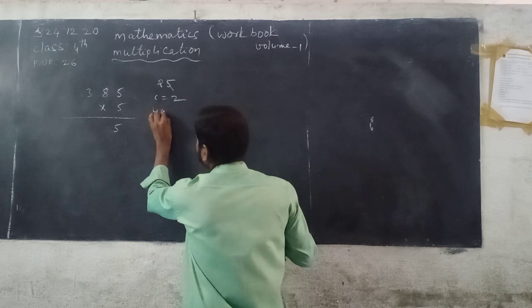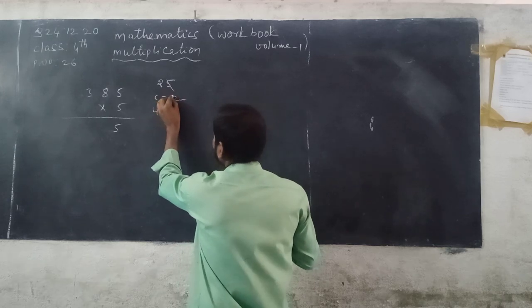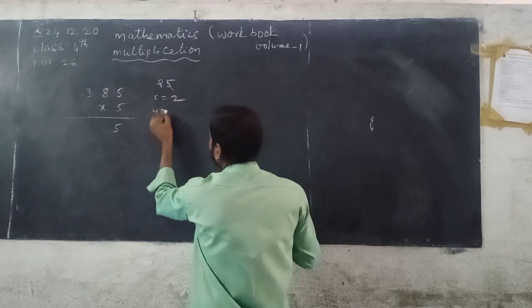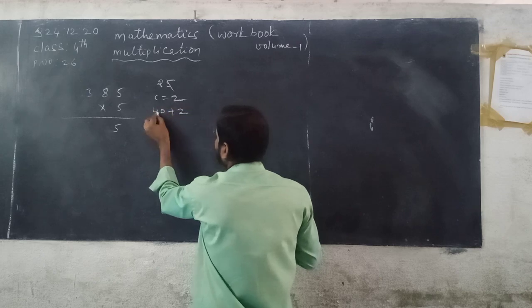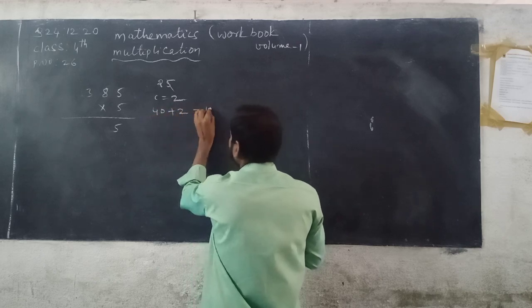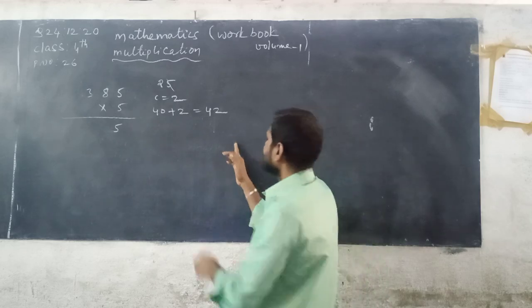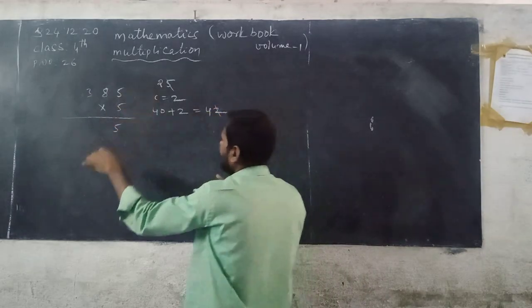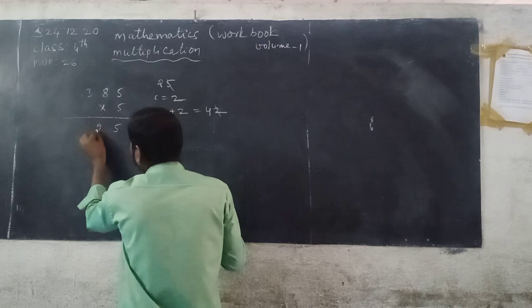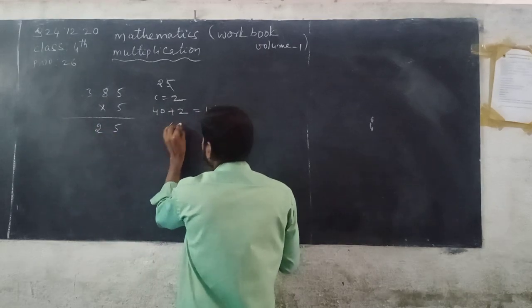Plus the previous carrying 2 is added to 40. Then 40 plus 2, we get 42. In it, 2 is taken and written down in the 10's column of the product and 4 is carried.